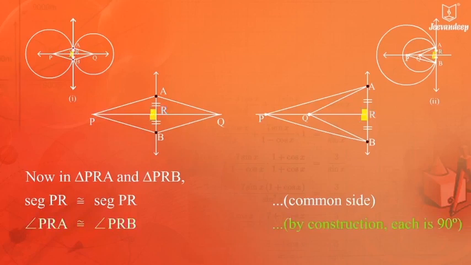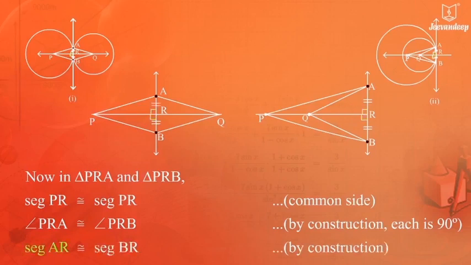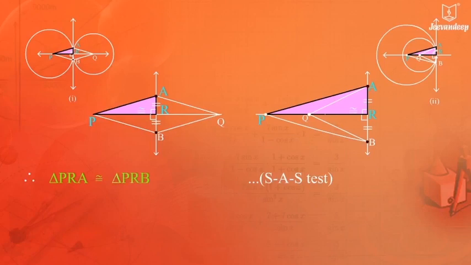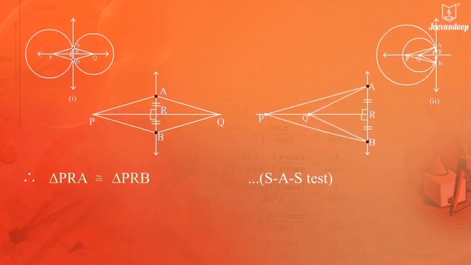By construction, each is 90 degrees. Segment AR is congruent to segment BR. By construction. Therefore, by SAS test, triangle PRA is congruent to triangle PRB.